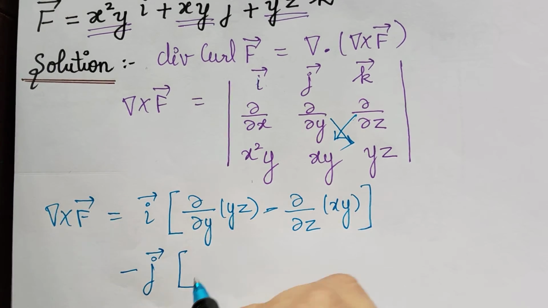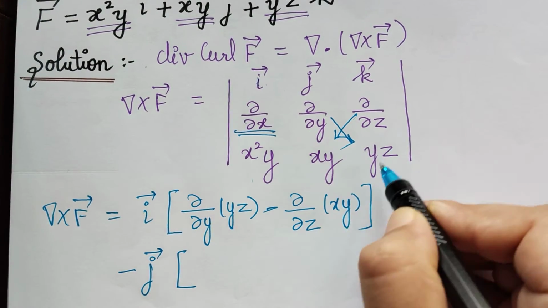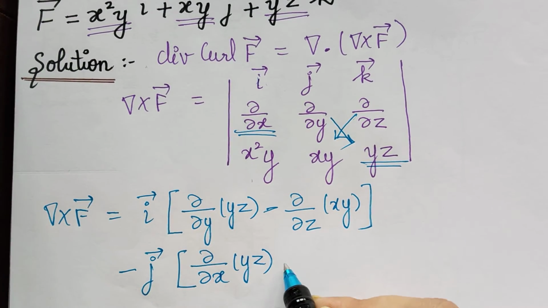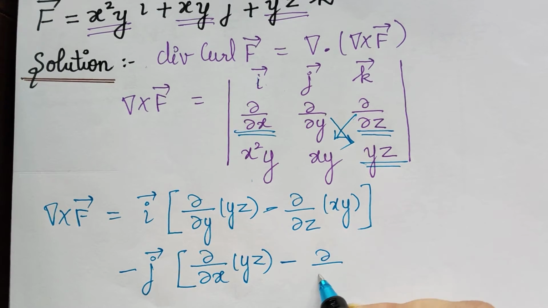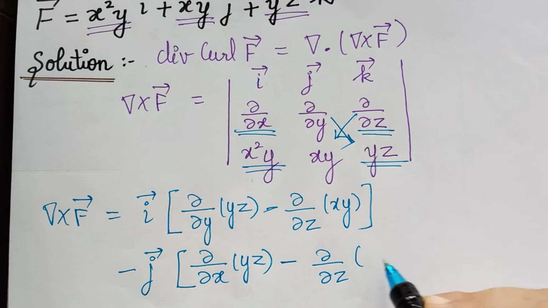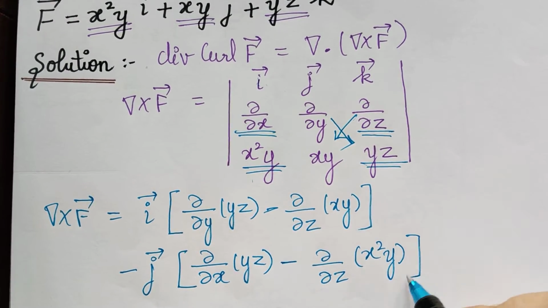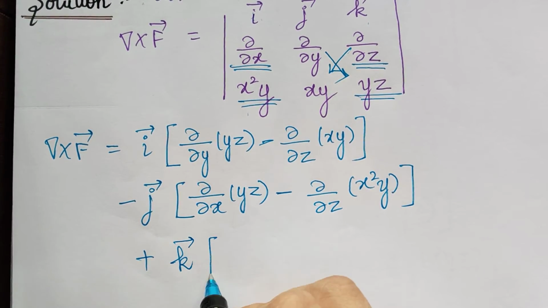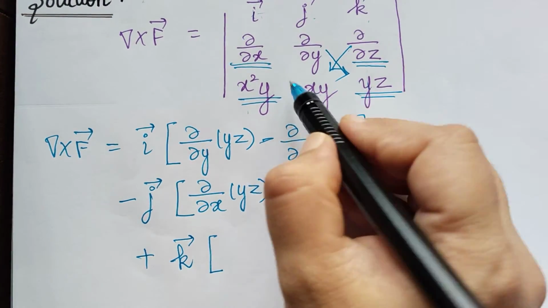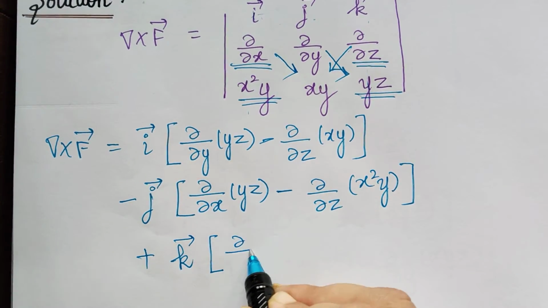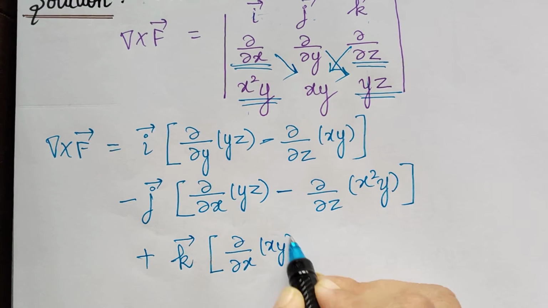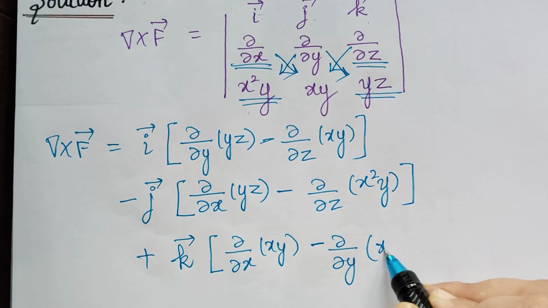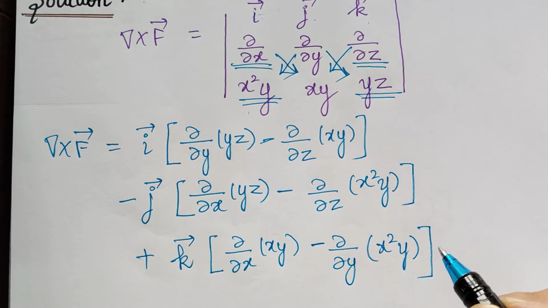So j vector multiplied with dou by dou x of yz minus dou by dou z of this one, that is x squared y. And then we have k vector over here, so plus k vector multiplied with, blocking this column and blocking this row, we will be having dou by dou x of xy minus dou by dou y of this one, x squared y. So now we have to simplify this.